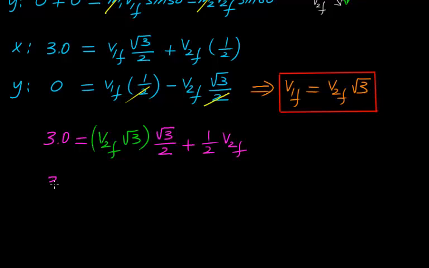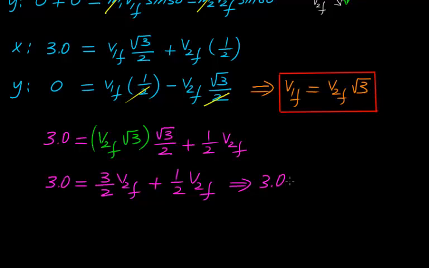Simplify this equation further. 3.0 equals square root of 3 times square root of 3, that's 3. Therefore, the first term becomes 3/2 v2 final plus 1/2 v2 final. That means that 3.0 equals 2 times v2 final.